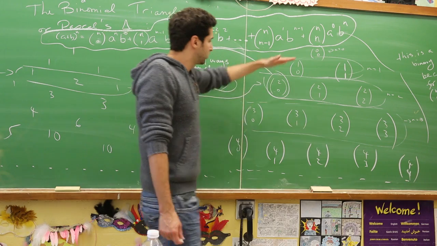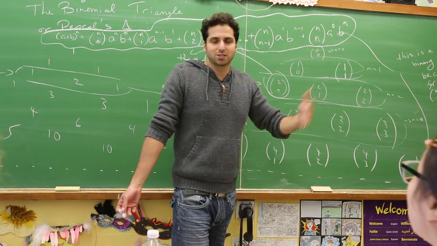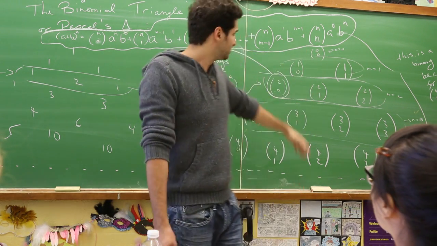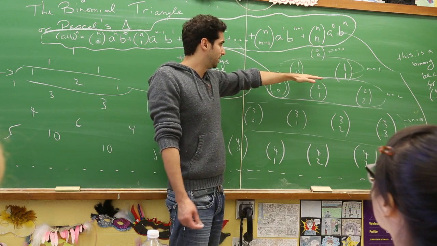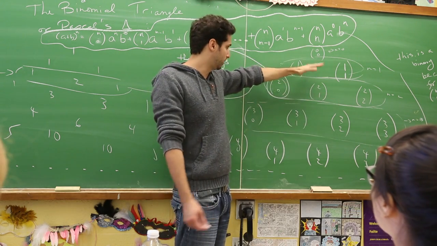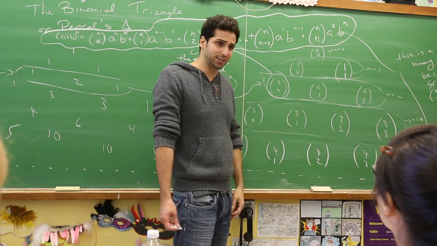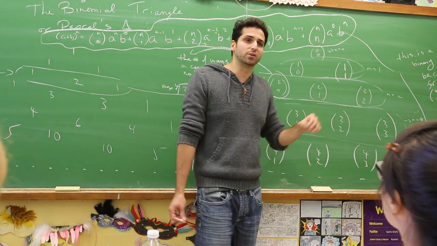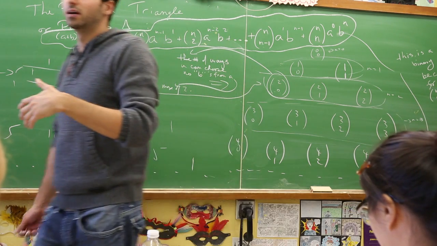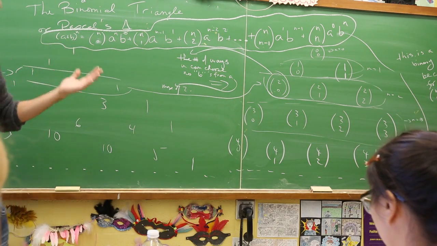You'll notice that, I'm talking about expansion, so I'll keep it in that context for now, whether you're talking about an expansion with an exponent of 1 or 2 or 3 or 4 or 5 or 6, everything starts off with a number of ways you can take b's, i.e. 0 b's.